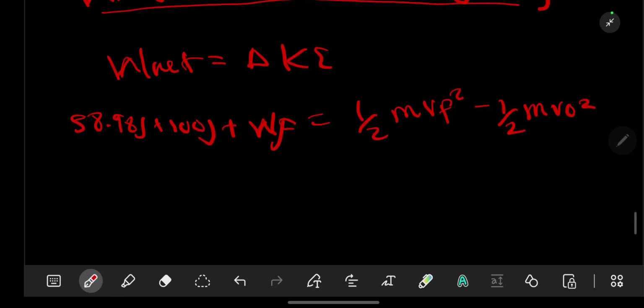If we add this, 58.98 plus 100 is 158.98 joules plus the work done by the frictional force.